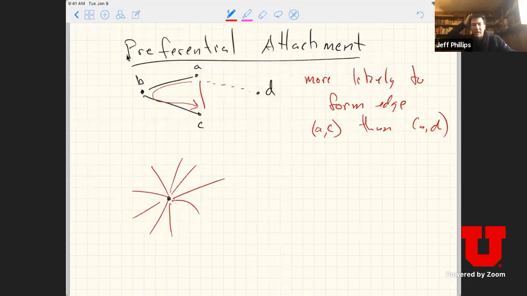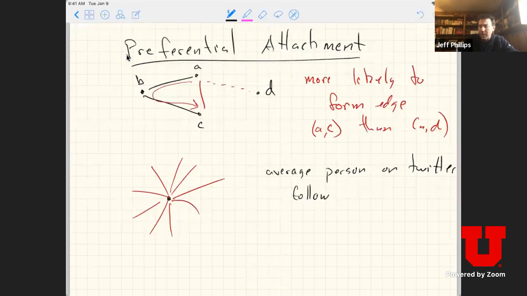So, an average person on Twitter is maybe followed by, let's say, roughly 500 people, right? There are some more, some less. I'm not too active, so I probably have under 100 people following me on Twitter.